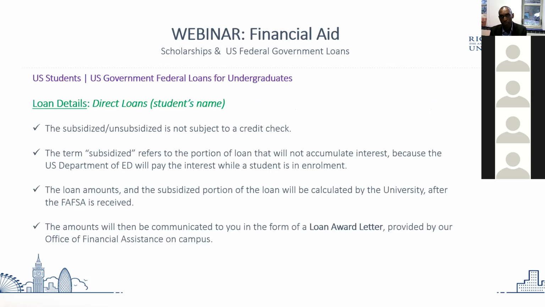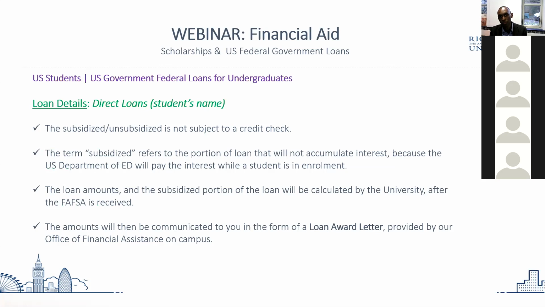Another important difference in terms of the loan categories: the subsidized, unsubsidized loan, which is under the name of the student, is not subject to a credit check, which means you simply qualify for the subsidized, unsubsidized loan based on your US citizenship or residency.